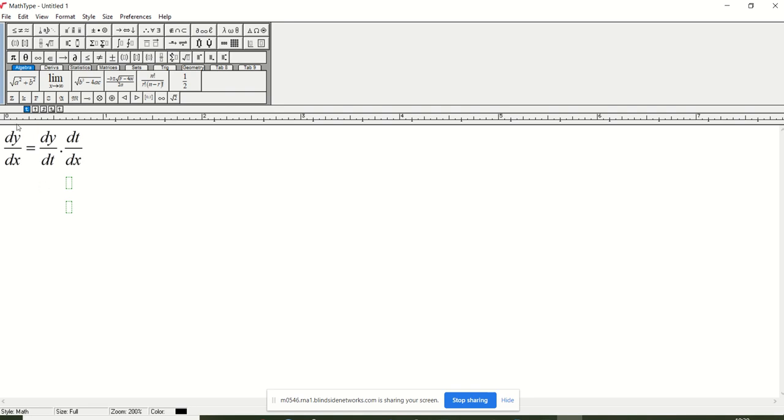So I am trying to write that equation here. That's what I am doing. So dy over dx equals to this one and one more of this one.